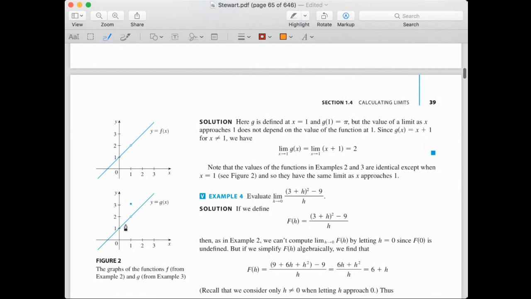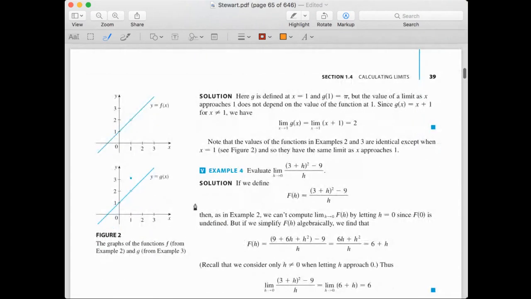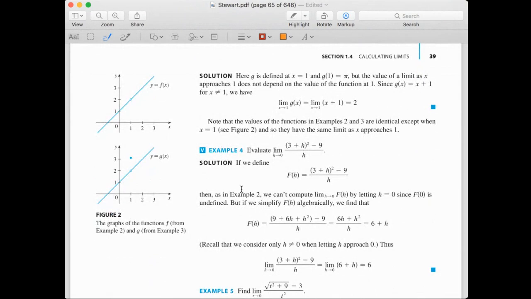We see the limit at x equals 1 approaches 2, but does not equal the function value. That's saying the function is not continuous at x equals 1.